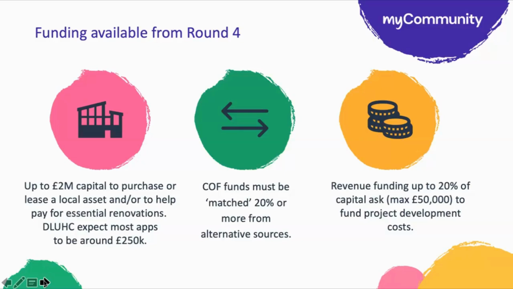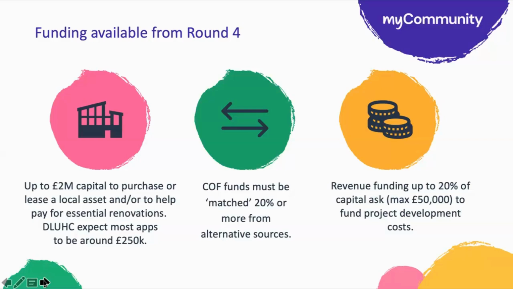A key element of COF funding is there has to be evidence of match funding. And for groups to actually get the money, that match funding needs to be in place. And the match funding needs to be a minimum of 20% of the total capital requirement. So just to put that in numbers, if the total capital requirement for your scheme is 250,000, then you can apply to COF for 200,000, and therefore you have 50,000, i.e. 20% of the total requirement, as your own match funding.